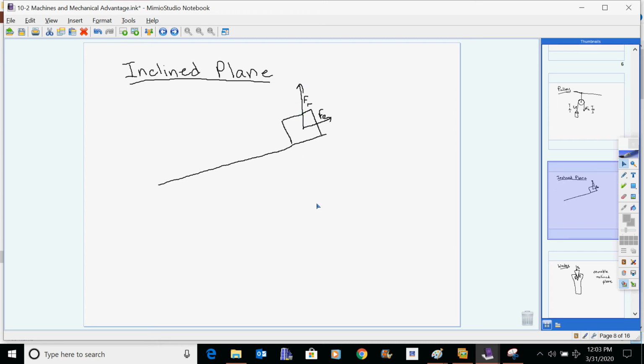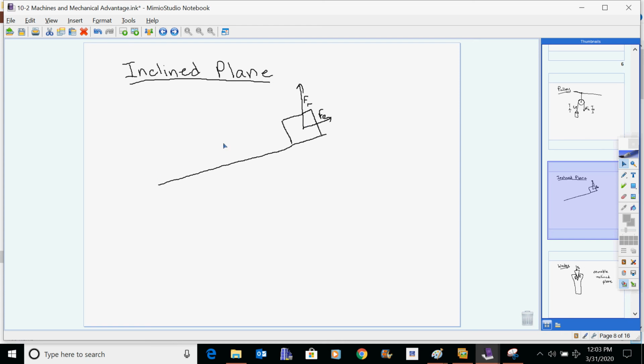It's kind of a different type of machine. A lot of times people wouldn't even think of it as being a machine, but it is one. So your resistance distance is this way and your effort distance is this way, going all the way along here.